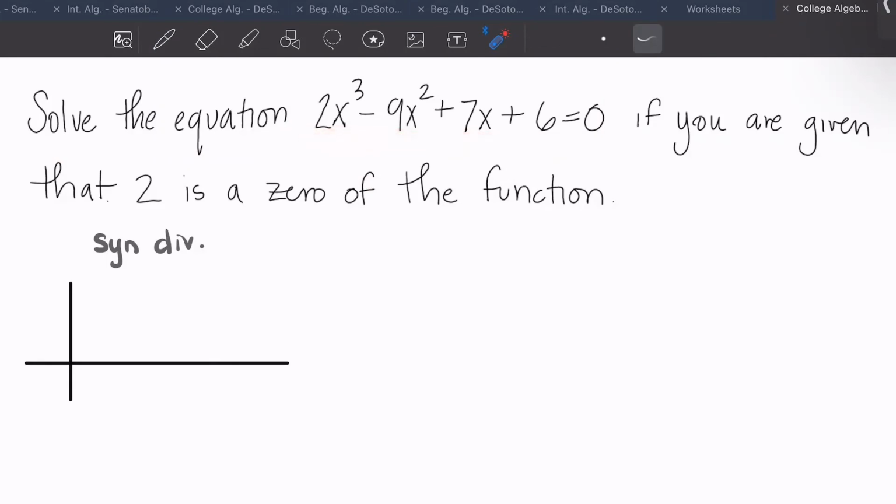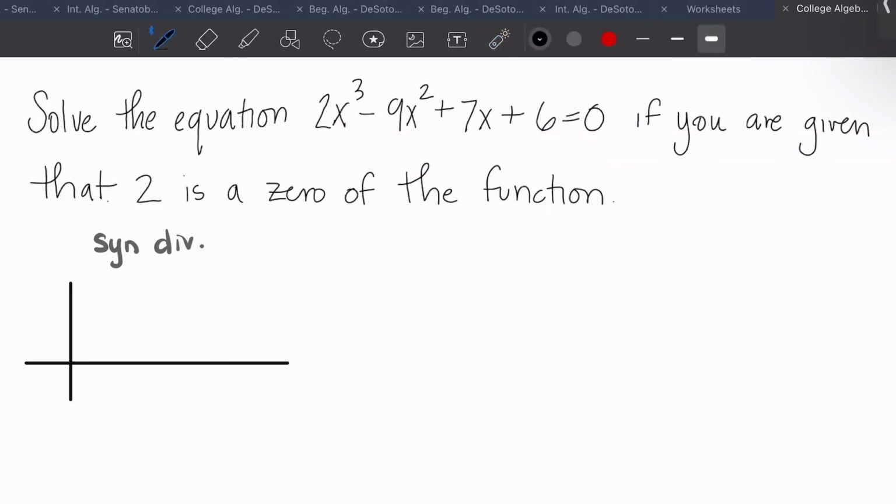But look, you would group these two and you would take out an x squared. Then you would group these two and you can't take anything out. You wouldn't be able to make your parentheses match once you took out the greatest common factor. So grouping doesn't work. That's when you have to use synthetic division.